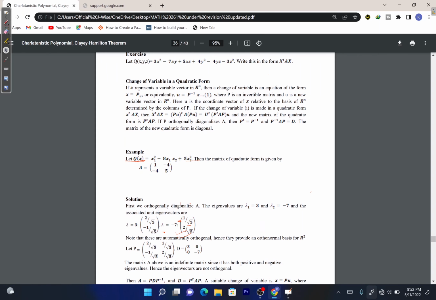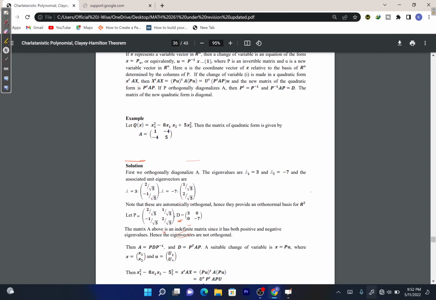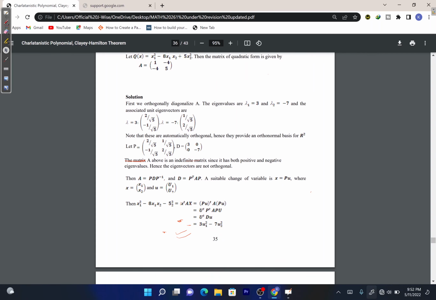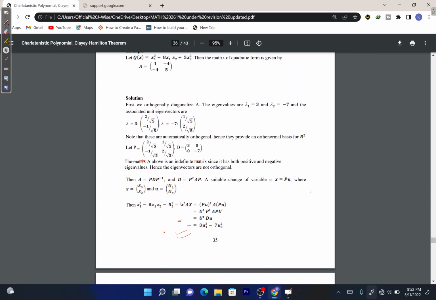First of all, we find the eigenvalues of symmetric matrix A. The eigenvalues are found by taking the determinant of A minus lambda I equal to 0.